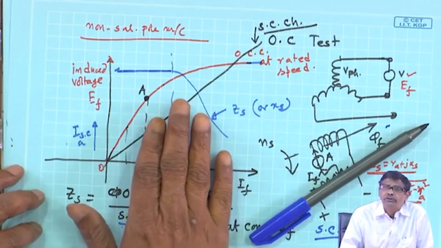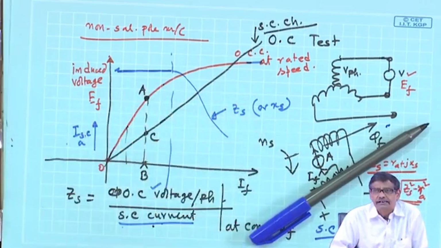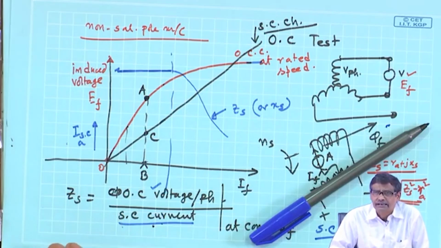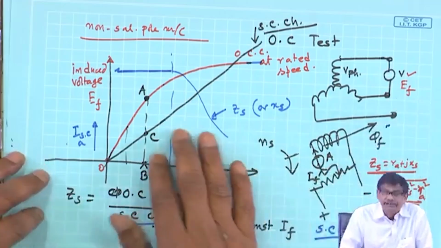Anyway, we will not go deep into the subject. A better estimation of XS can be made by zero power factor test and things like that. We will not go into that because we have taken so many lectures, but read the books.